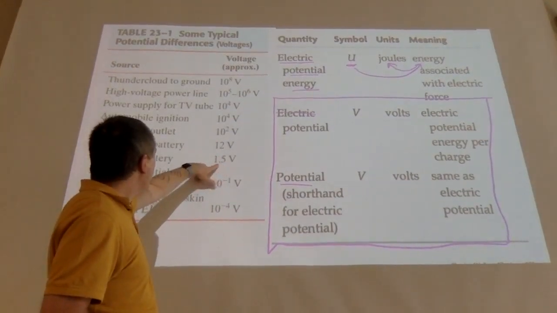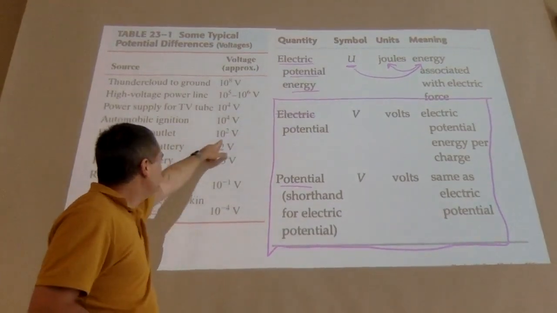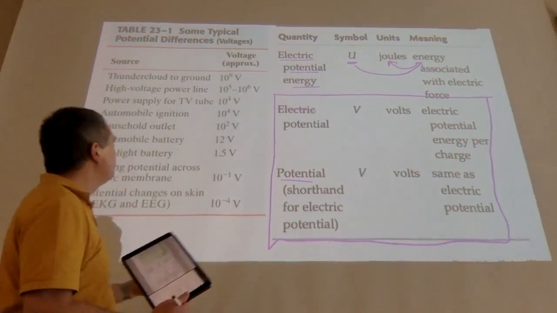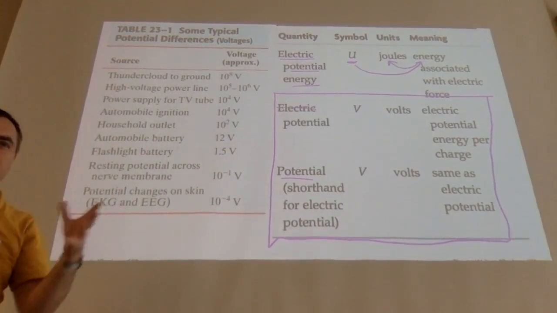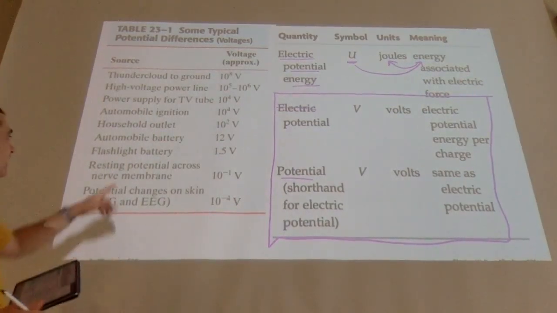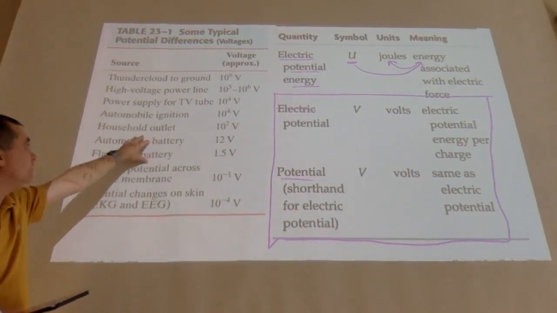As you move up from that, an outlet in your house is typically about 110 volts of potential difference. And keep in mind, potential difference combined with charge starts telling you how much potential energy is there. And of course, as these go up, these are seemingly more energetic, right?